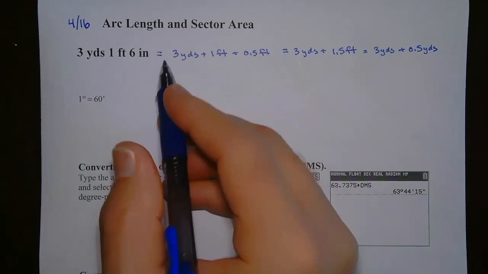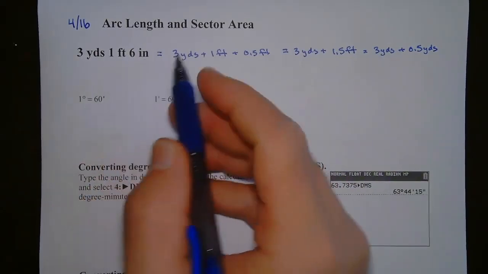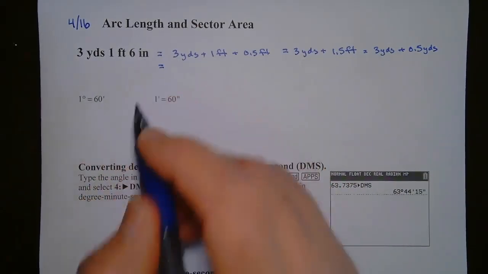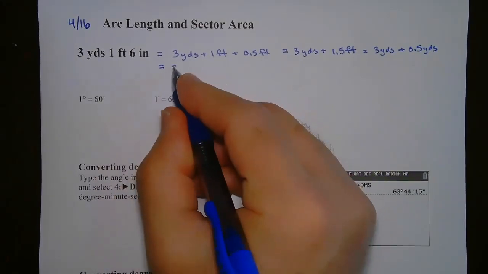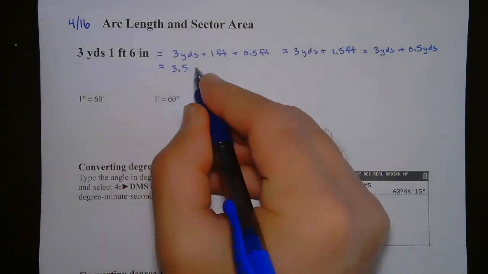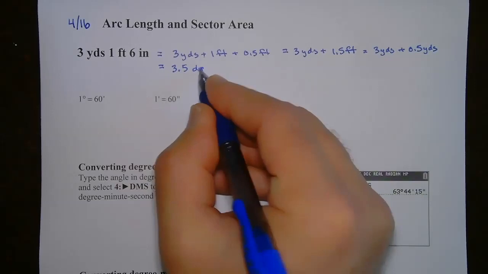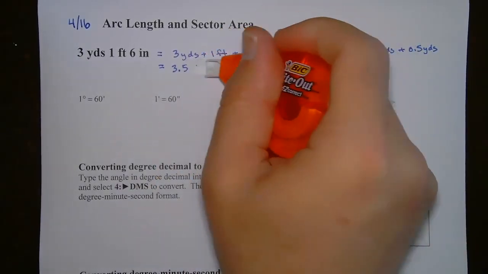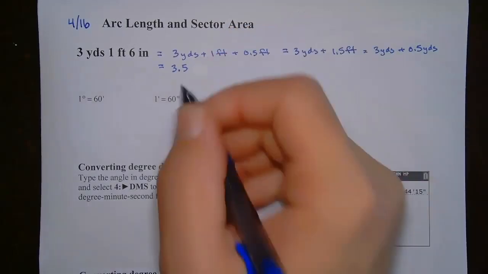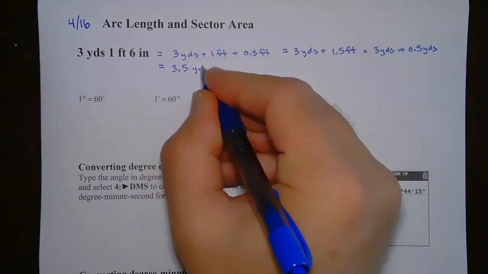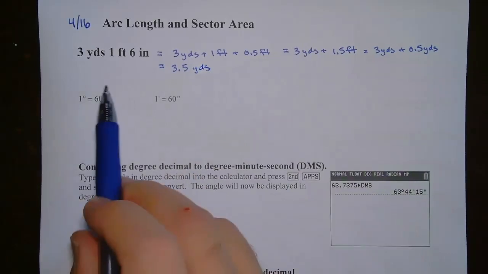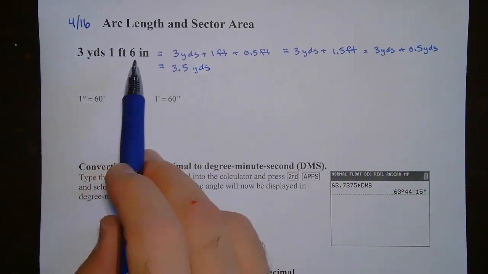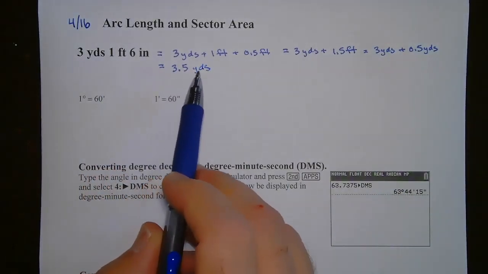What that means is 3 yards, 1 foot, 6 inches breaks down into one single unit of 3.5 yards. So 3 yards, 1 foot, 6 inches is the same as 3.5 yards.